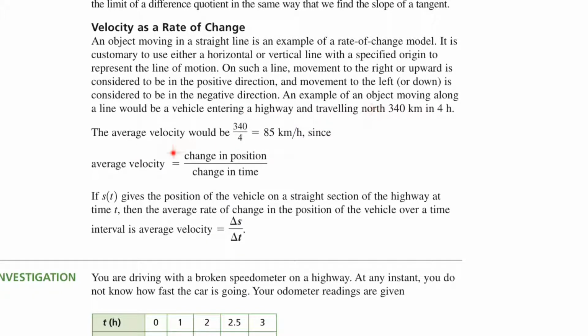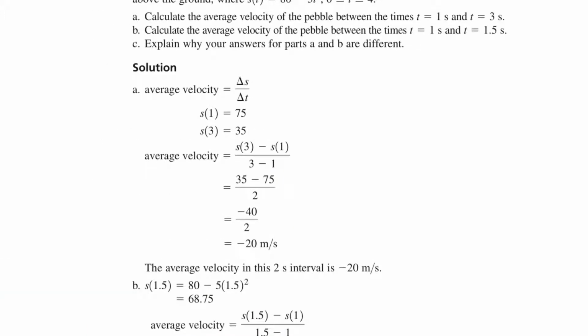In this example, the average velocity would be 340 divided by 4, which is 80 kilometers per hour north. We know average velocity is change in position divided by change in time, delta S divided by delta T, when S represents the position of the object or vehicle on a straight line, and T is time taken.